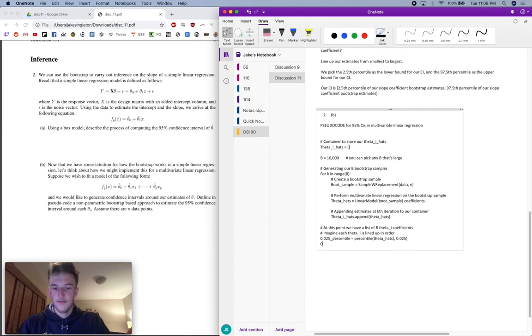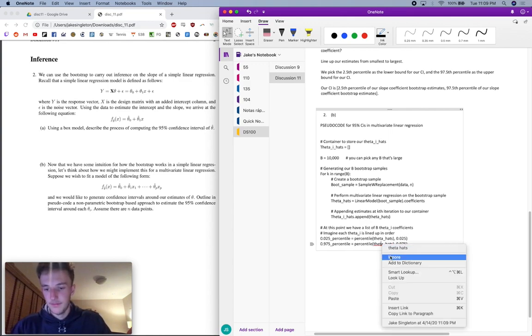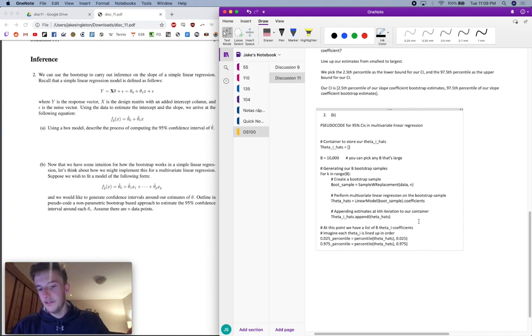And then we need 0.975 percentile, which will be the 97.5 percentile, of the theta hats. These get us the percentiles we need.